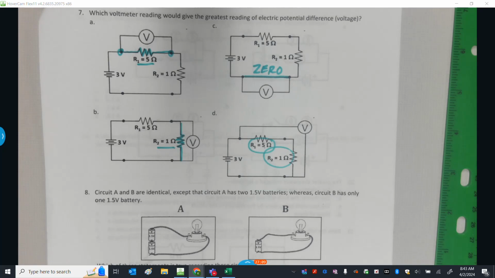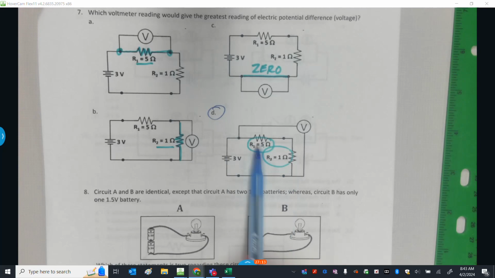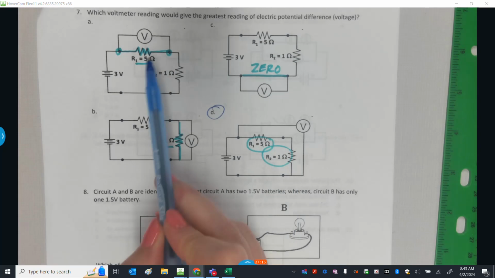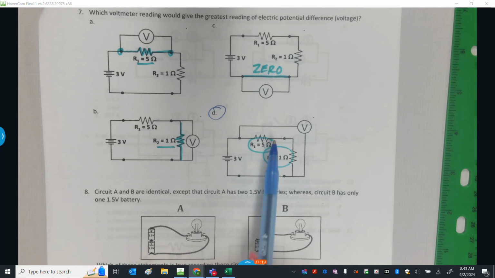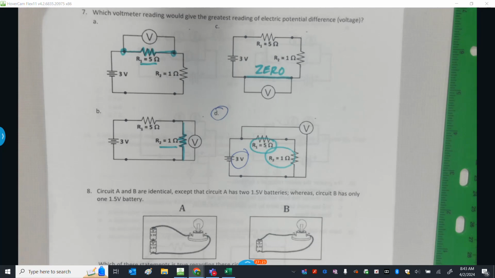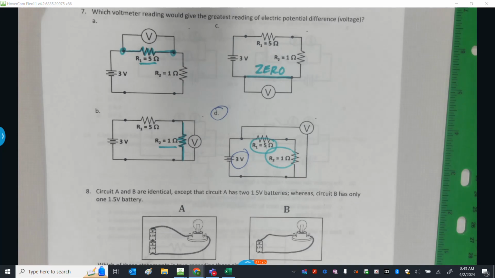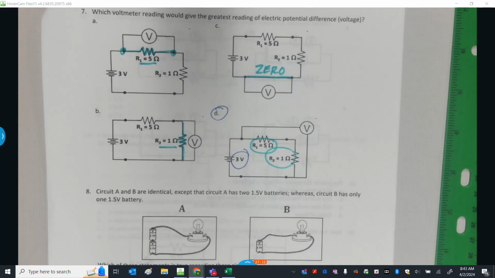So the biggest voltage drop is going to be here at answer choice D, because I'm measuring both of them together. This is only going to be part of the total voltage drop. This right here is going to be 3 volts, because the voltage drops along the loop add up to the battery. This is the whole 3 volts. And so that's going to be my greatest reading. For number 7 it is D.